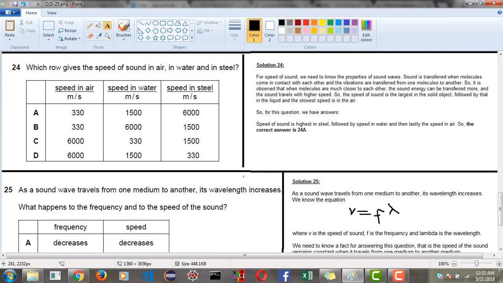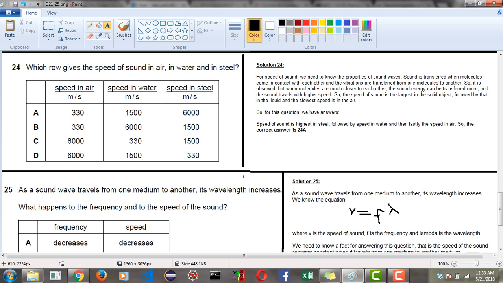Now I move to question 24, and this asks us which row gives the speed of sound in air, in water and in steel. For the speed of sound, we actually have to know the properties of sound waves. Actually, how a sound wave is transferred.